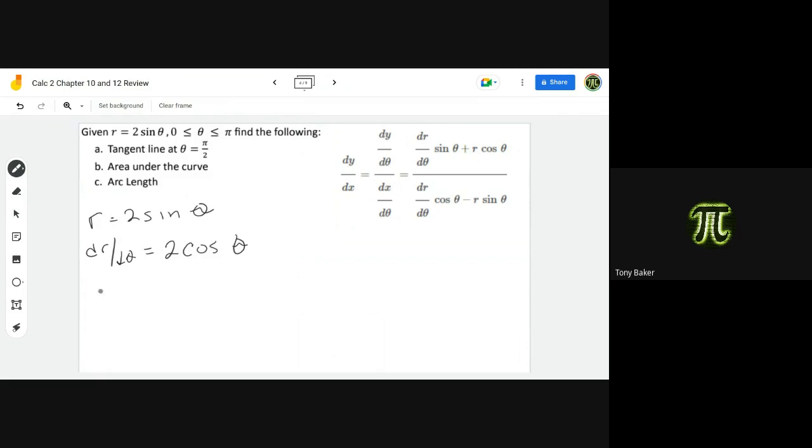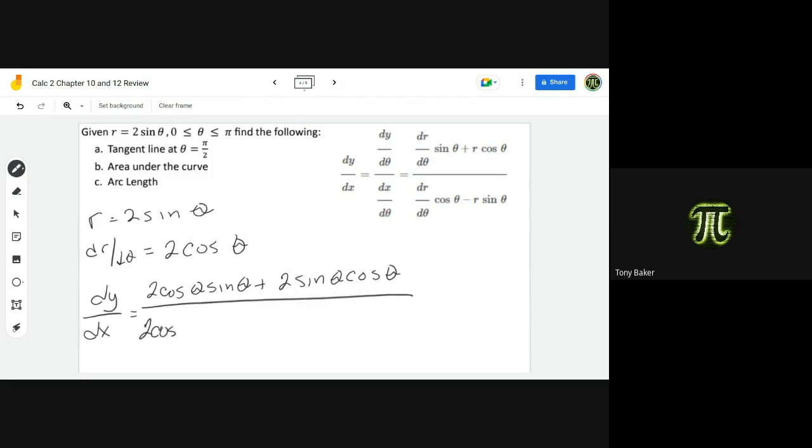So when we plug it all in, we have 2 cosine theta sine theta plus 2 sine theta cosine theta over 2 cosine theta cosine theta minus 2 sine theta sine theta.